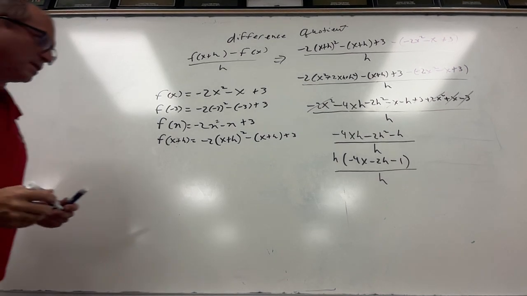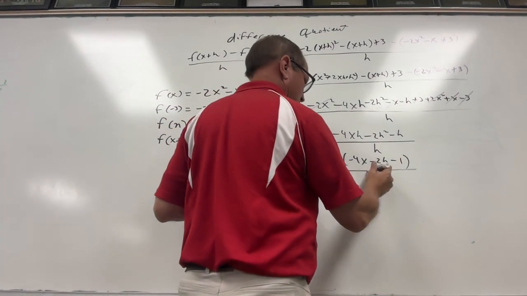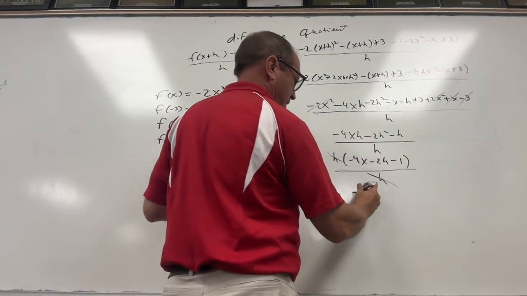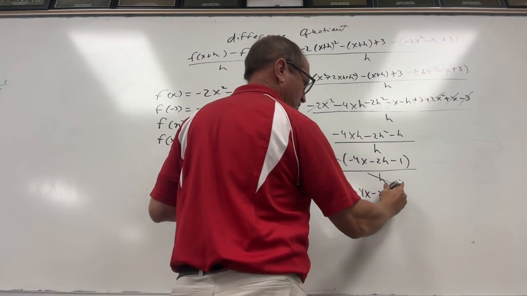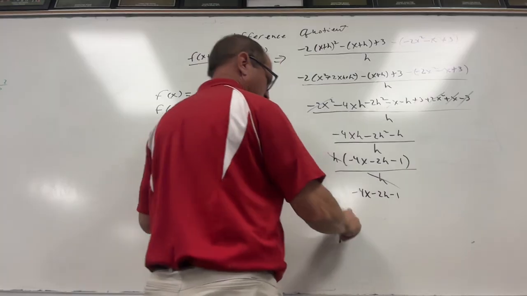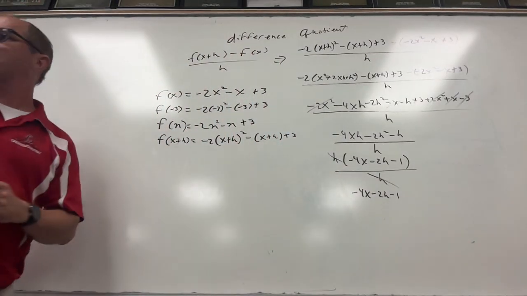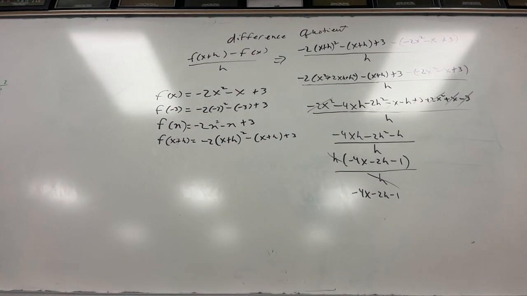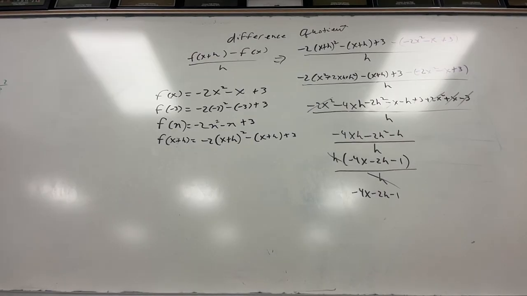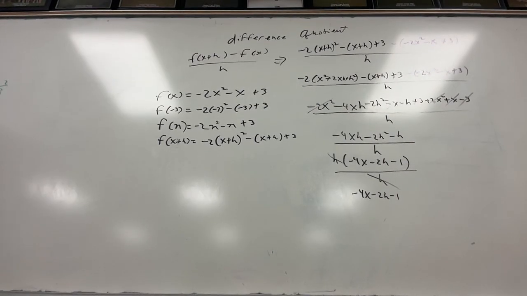Those h's go and play with the dodo bird. So we're left with negative 4x minus 2h minus 1 as our solution. Now, that doesn't perfectly give us the slope the way it is set up here, but it's the hardest part of finding the slope in calculus.